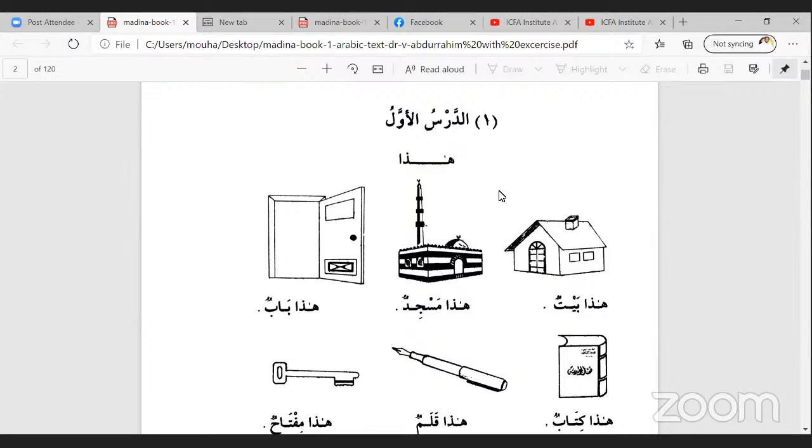Ha, dal, alif. Hada is a demonstrative pronoun that is only used for masculine gender that is near.